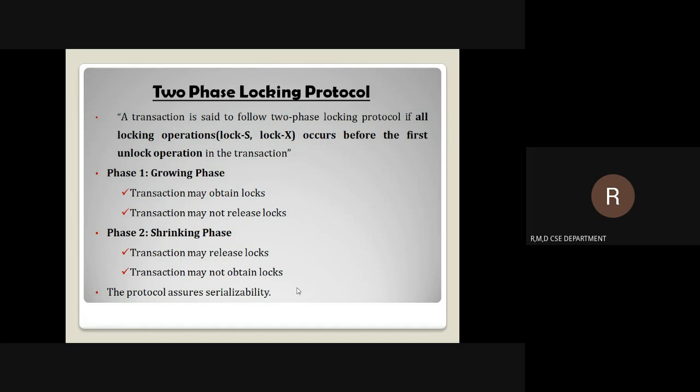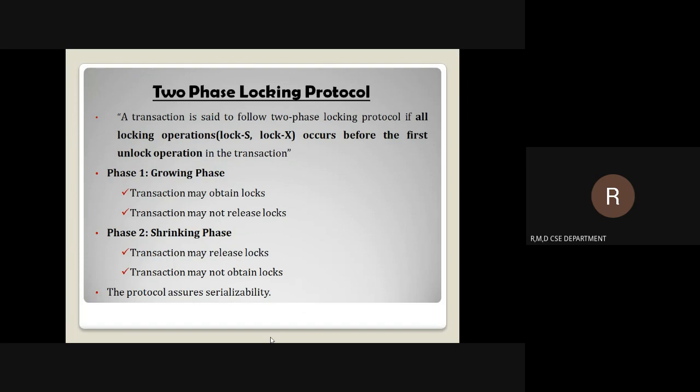Whereas in the shrinking phase, the transaction releases the locks it has acquired but does not obtain any new locks. These are the two phases in the two-phase locking protocol. The two-phase locking protocol assures serializability, but it may lead to deadlock and starvation.